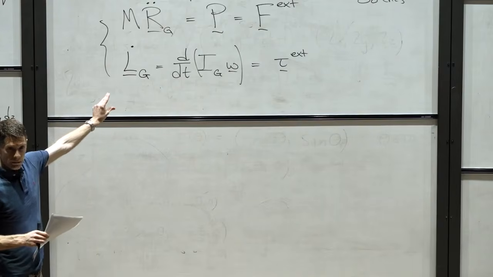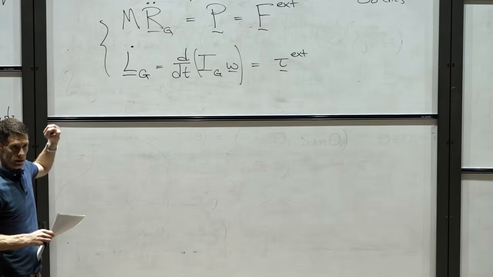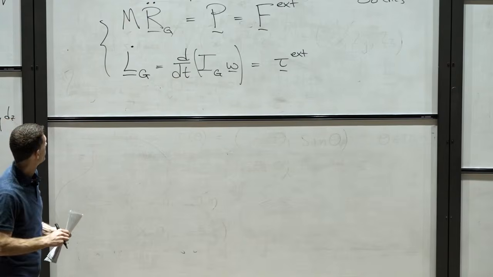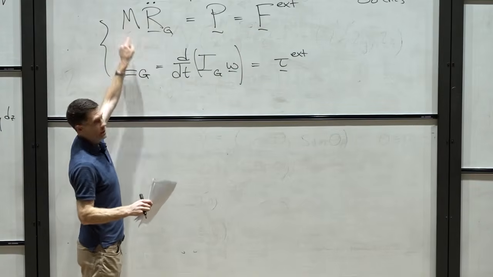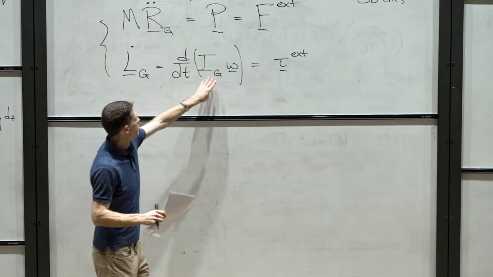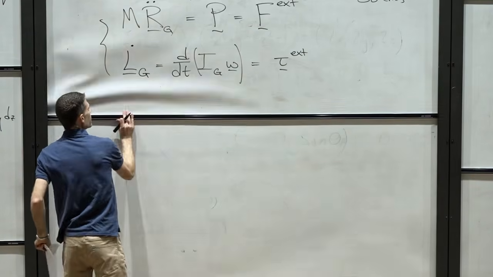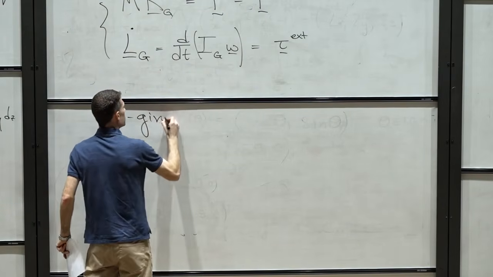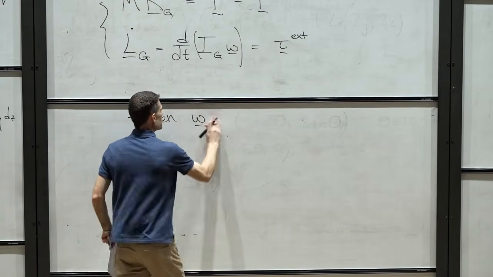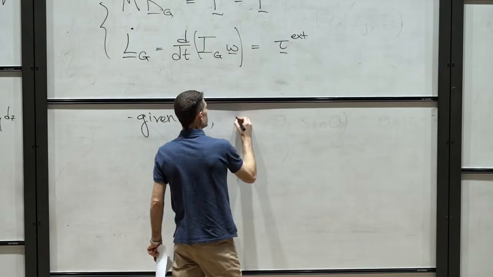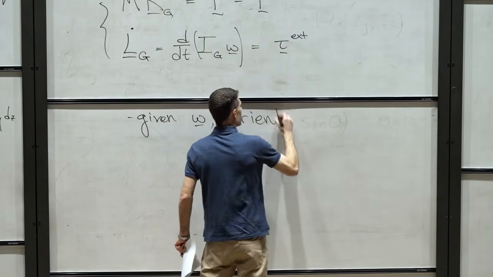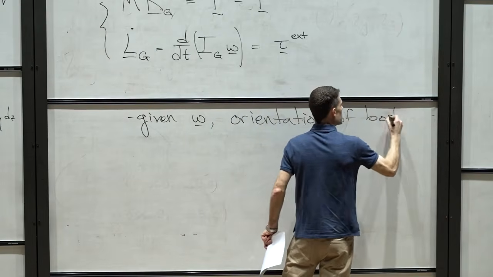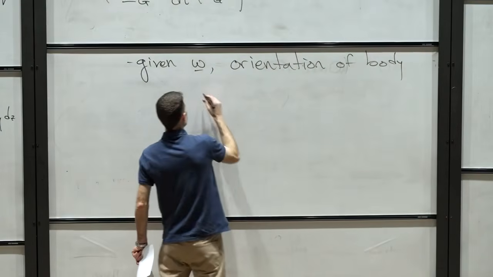So if I solve that sixth order set of equations, and notice, of course, that these certainly can be linked because Rg might be living there. If I solve this and I have omega, so given omega, I get the orientation of the body.